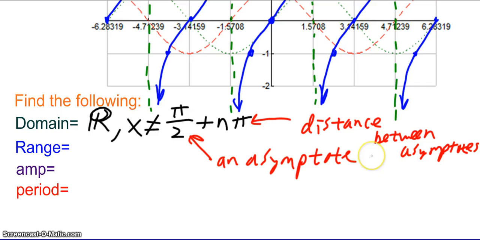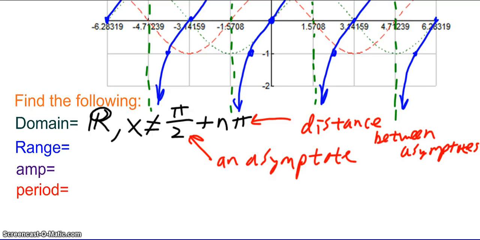Sorry, that got a little sloppy there. So this is saying that it's all real numbers except pick one asymptote, usually the first one you start with. So I chose pi halves plus n. Remember, n just represents integers, and then the distance between asymptotes. So that's how we come up with the domain. We're going to want to use that trick for cotangent, secant, and cosecant as well.